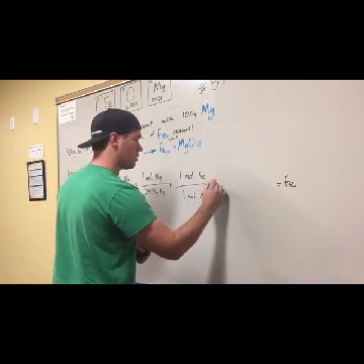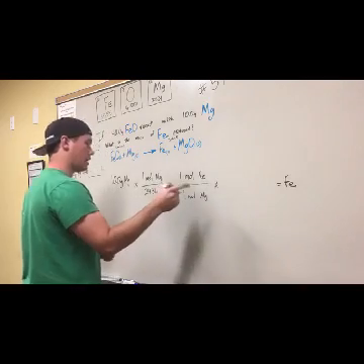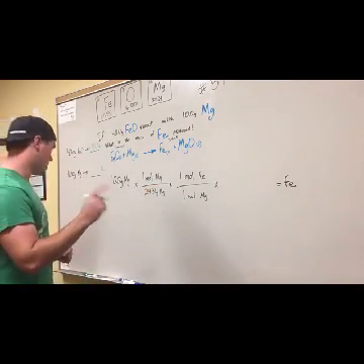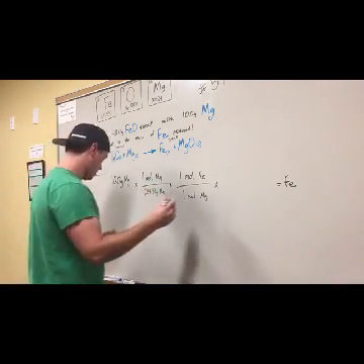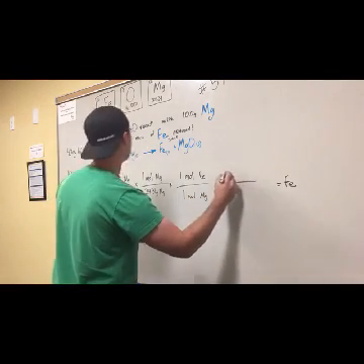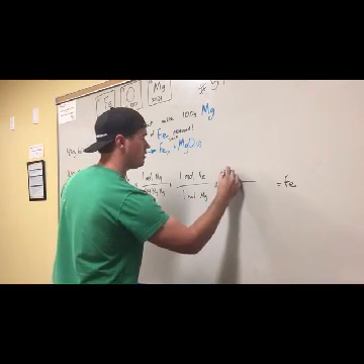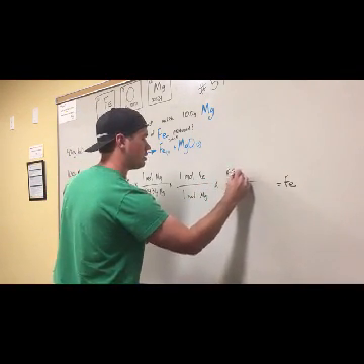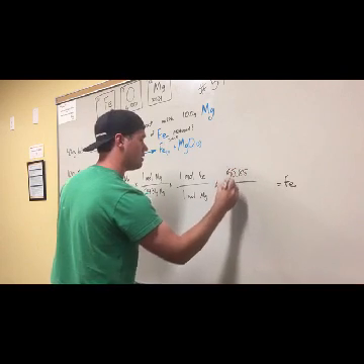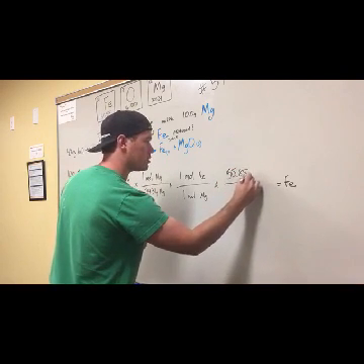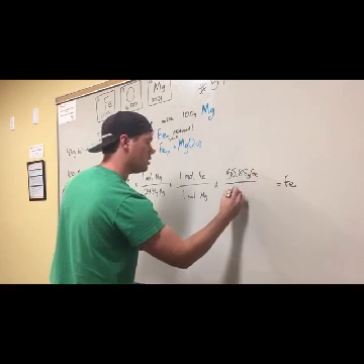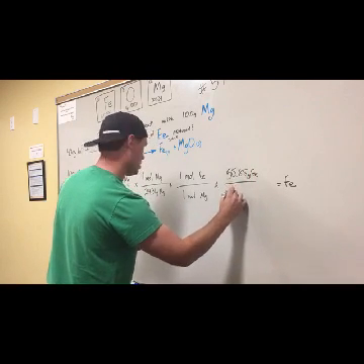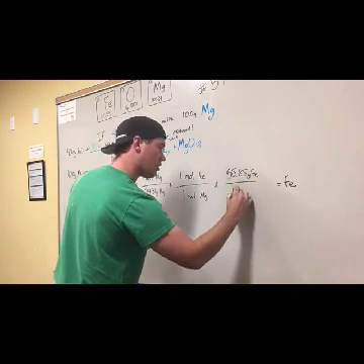Okay, and we're going to multiply that by the iron, which is 55.85 grams of iron over 1 mole of iron.